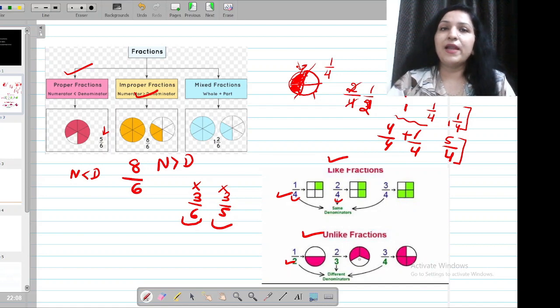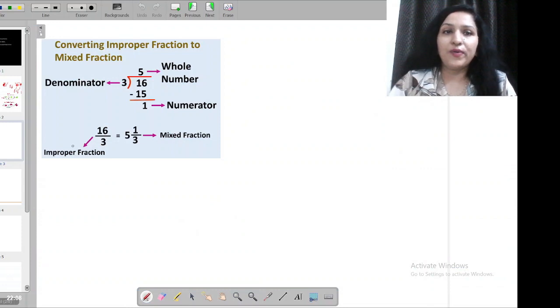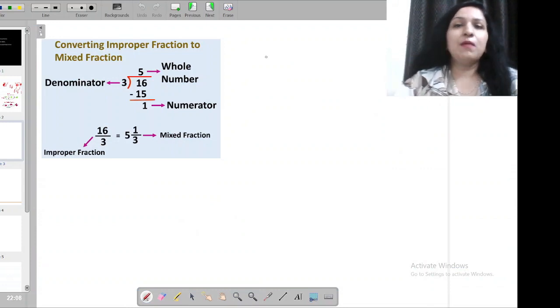This circle is divided into 3 parts. So your denominator is 3. In another circle, it is divided into 4 parts. So denominator is 4. All these 3 are unlike fraction. So this is the basic that you must have studied already earlier. Now let's come to how do we convert improper to mixed and mixed to improper.